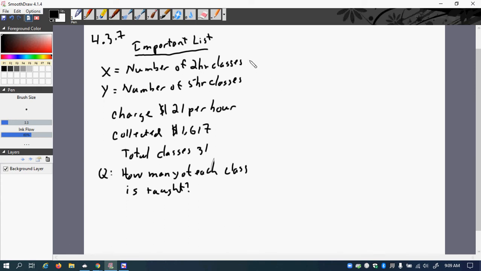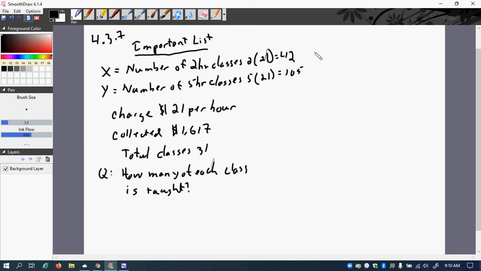Since it's a 2-hour class, that means it's going to be 2 times 21, which is 42. And then the other one is 5 times 21, which is 105. So 105 is what the cost is going to be.